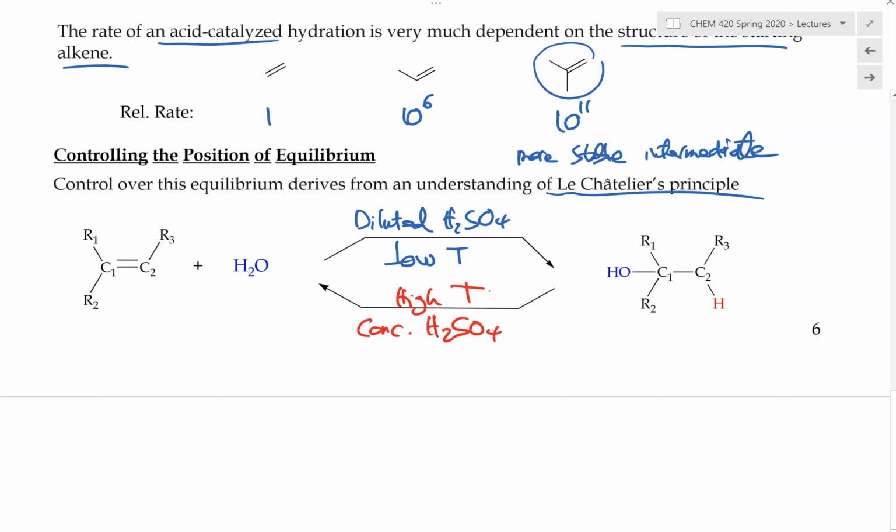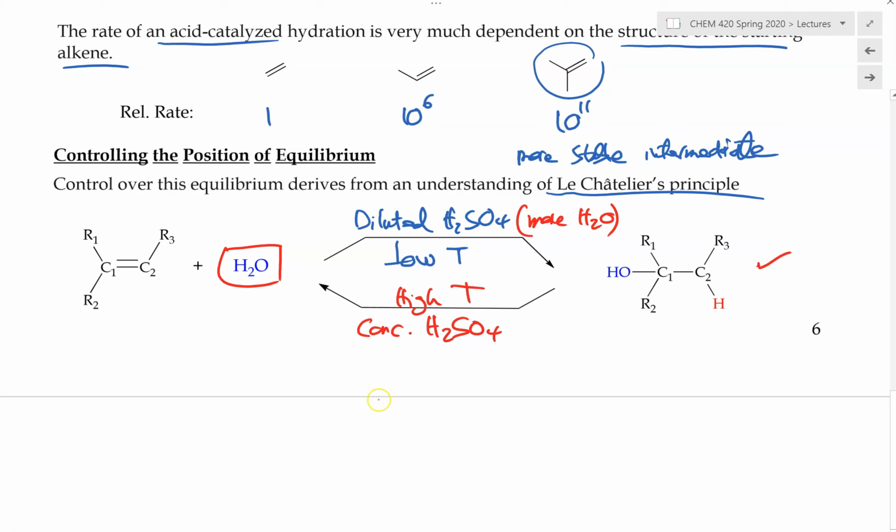So why does dilute sulfuric acid favor the addition versus concentrated sulfuric acid favoring the elimination? The reason is as follows. We can see that water is a reactant in the addition reaction. So the less sulfuric acid we have, the more water we have. And the more reactant we have, the more we push the equilibrium to the right side, in this case undergoing the addition reaction.